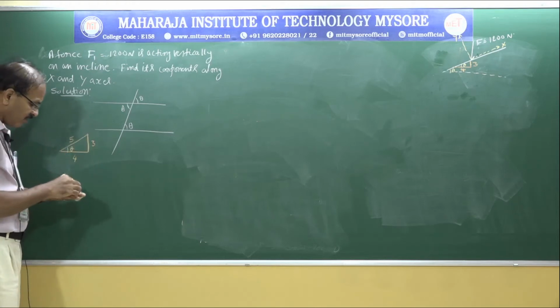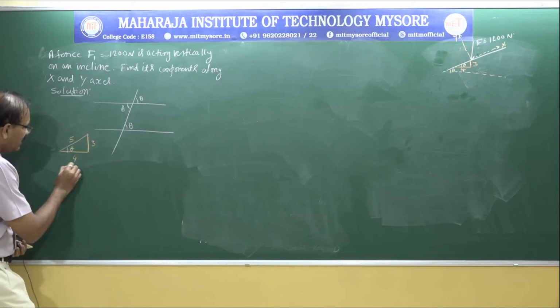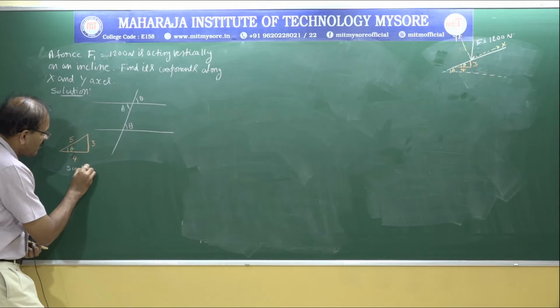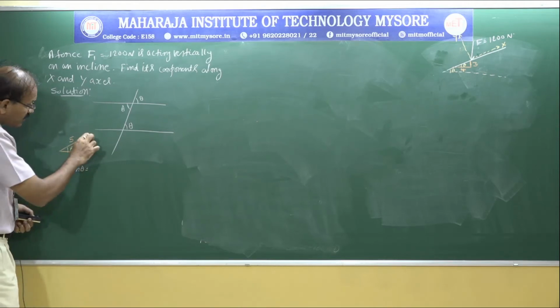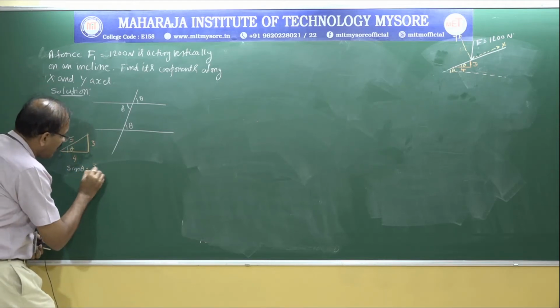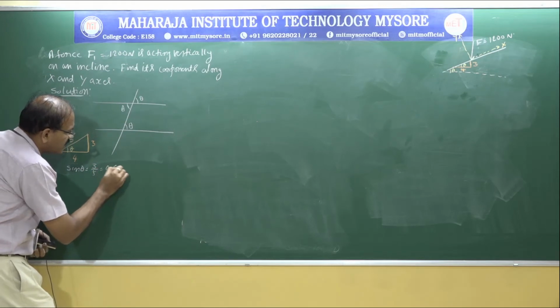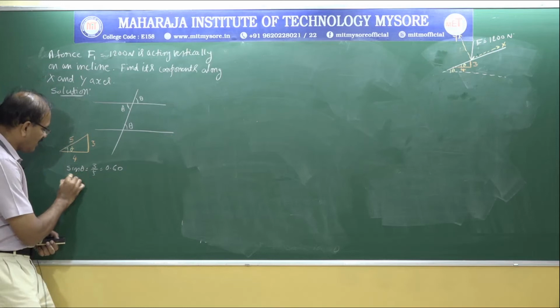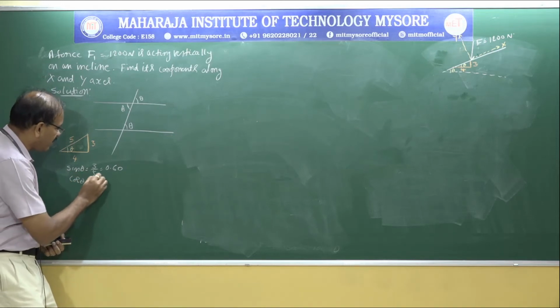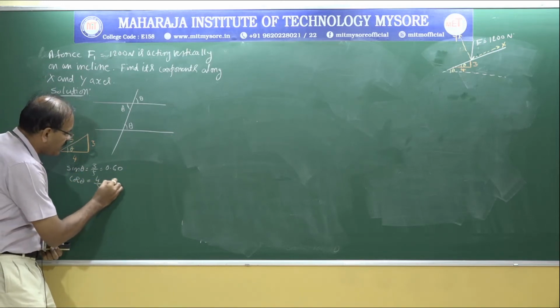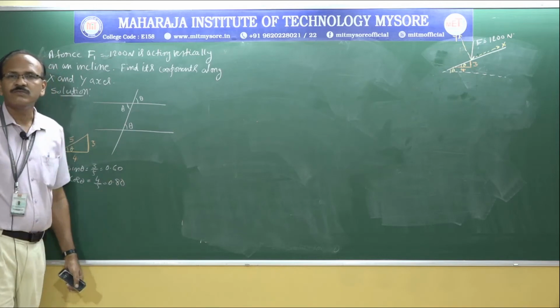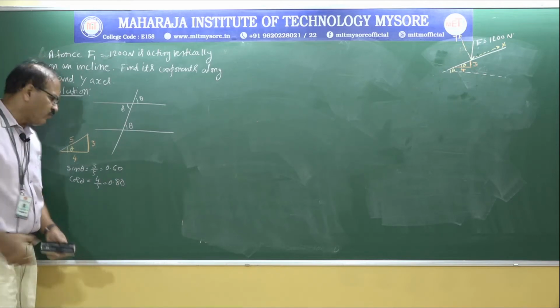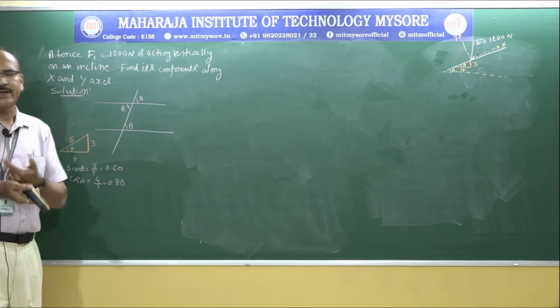Sin theta is opposite side by hypotenuse, that is 3 by 5, equal to 0.60. Cos theta is adjacent side by hypotenuse, 4 by 5, equal to 0.80.